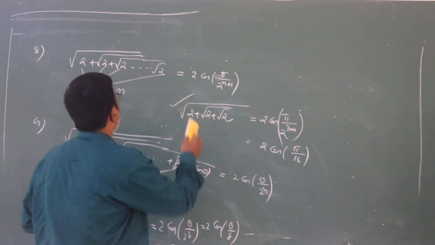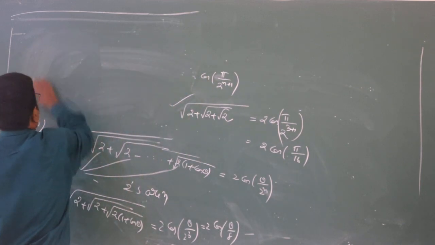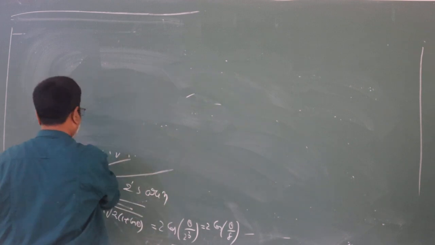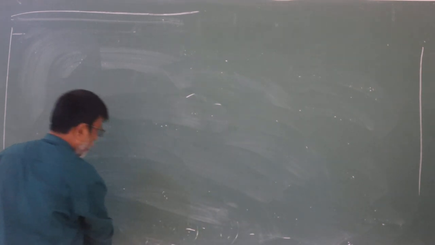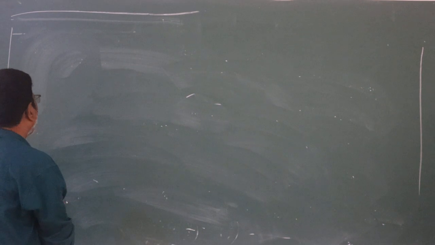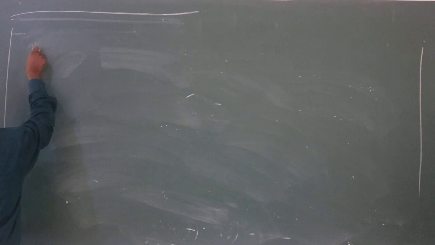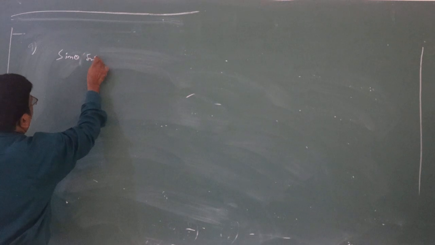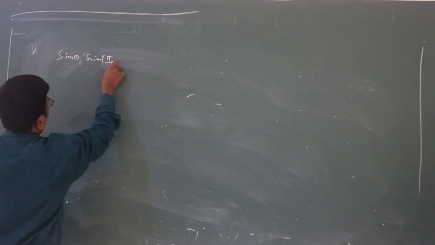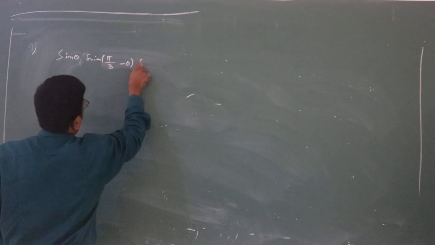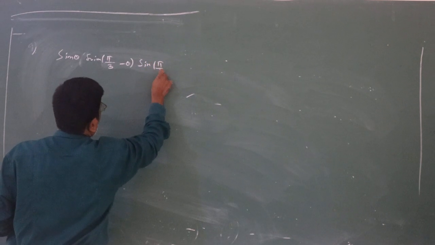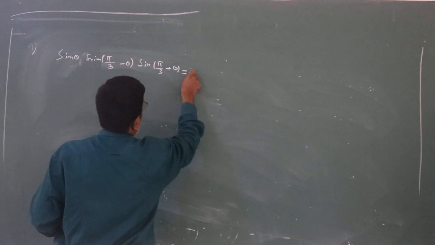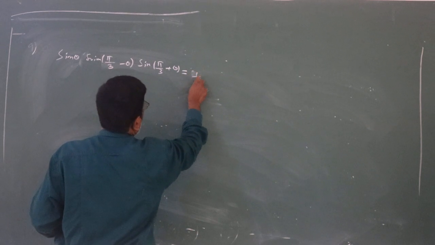Now, let me explain one more shortcut about this. The ninth shortcut is like this. Suppose sin theta, sin of pi by 3 minus theta, sin of pi by 3 plus theta, that is 1 by 4 sin 3 theta.